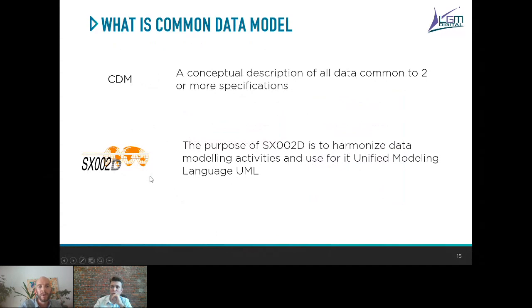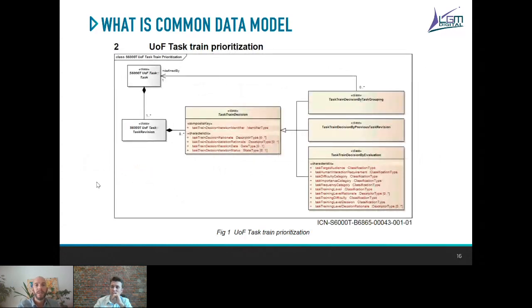So, an example of UML, the slide after, please. Next slide, sorry. You have here an example of UF, a unit of functionality.